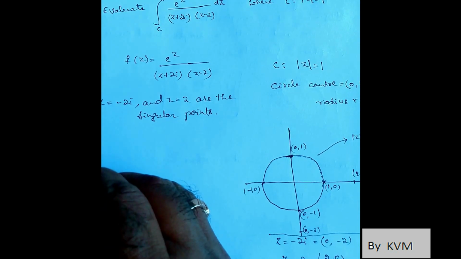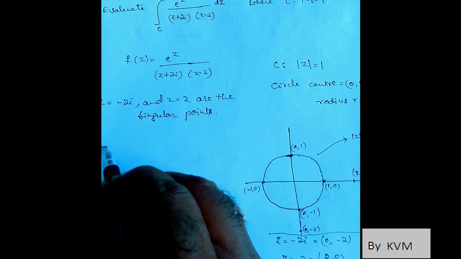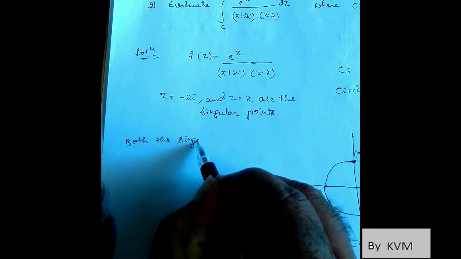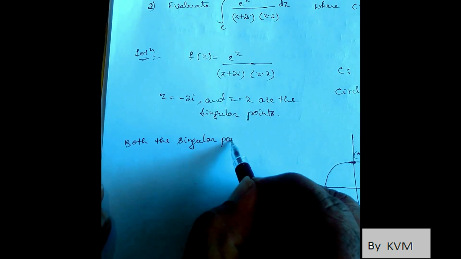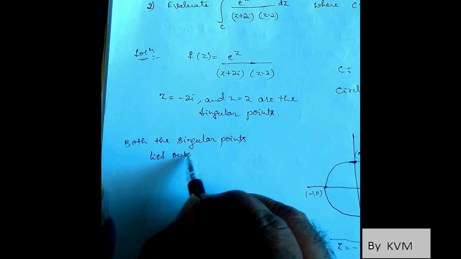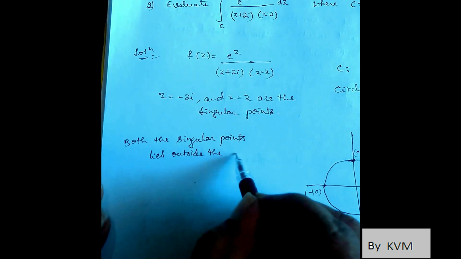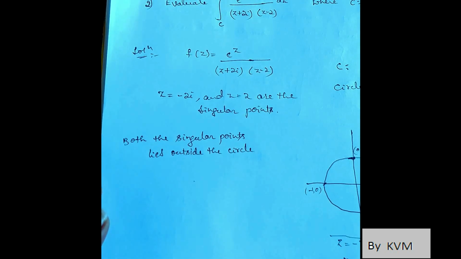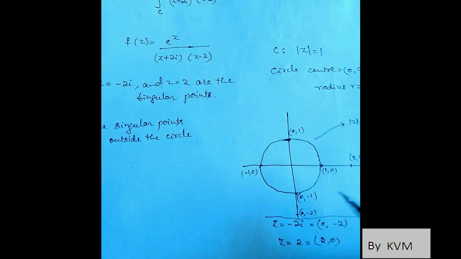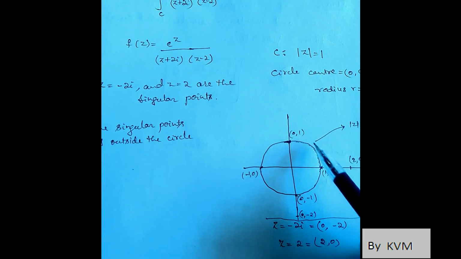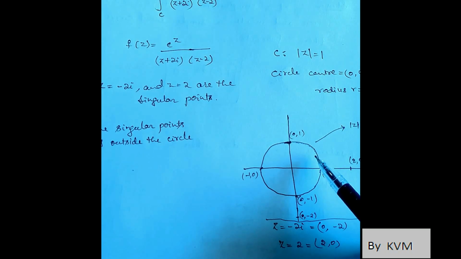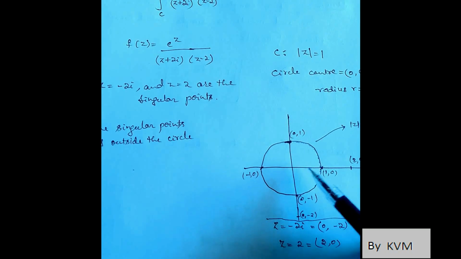So both the singular points lie outside the circle. So by Cauchy's theorem, the given function f of z is analytic at each and every point which lies on the circle, and also at the points which lie inside the circle.